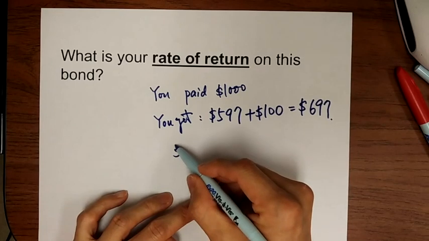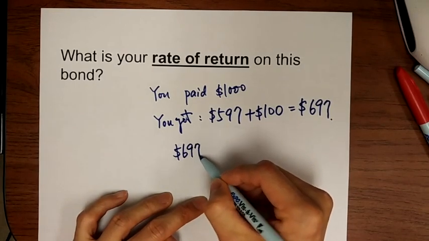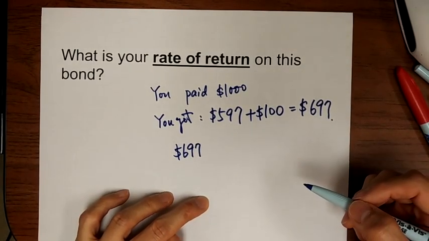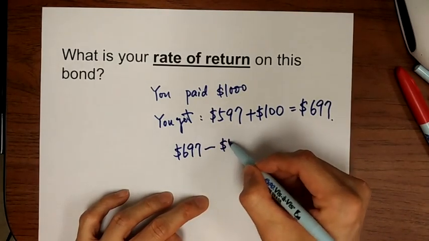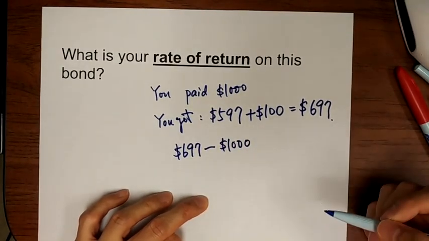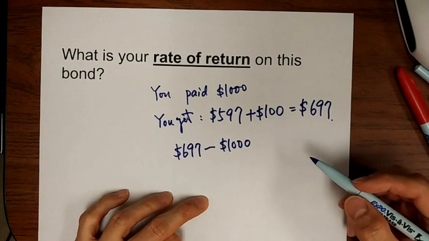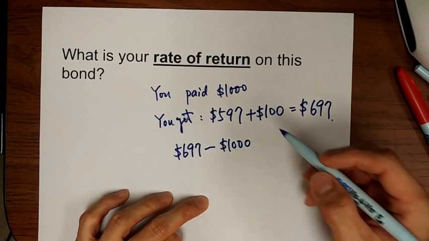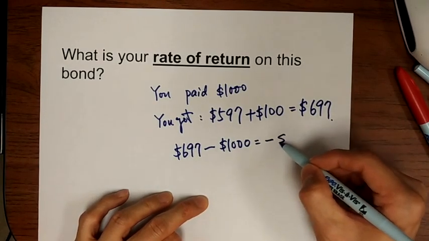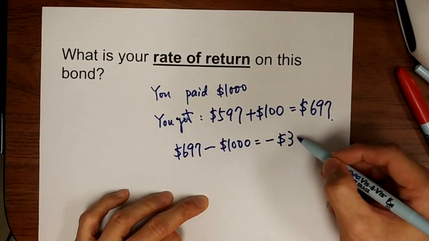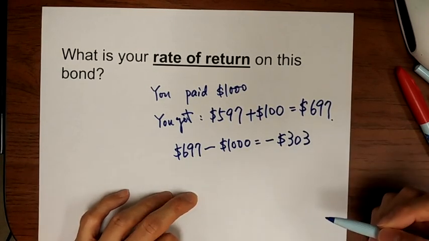So you get $697 and you invest $1,000. How much money do you earn? The answer is you lose $303.